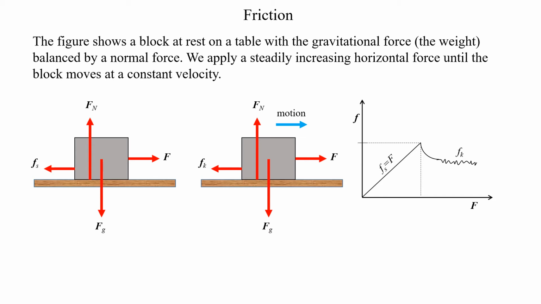So in the figure on the left, I have a block at rest on a table with the weight downward and the normal force of the table pushing upward. And then I'm going to apply a force F to the right.